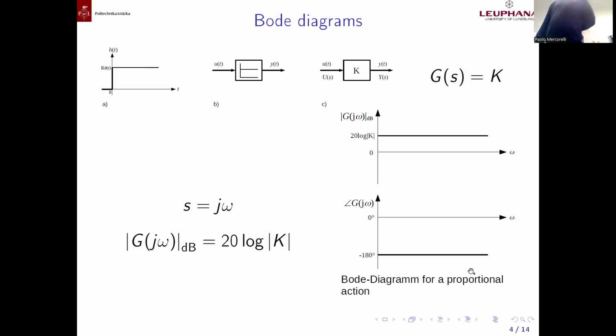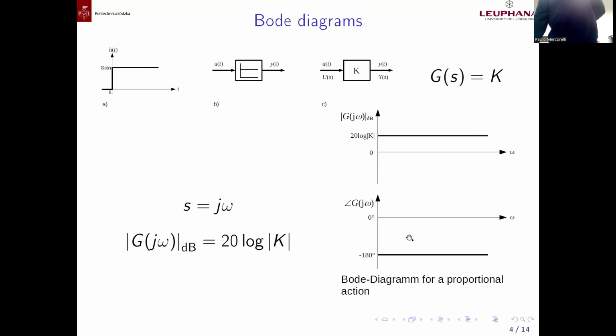Yeah, I put here minus 180 because we will see a little bit more mathematically in case the real part is negative. We don't have 0, but we have minus 180. If you think about a vector with imaginary part 0, but real part negative, it is oriented in the x-axis, but the negative x-axis.